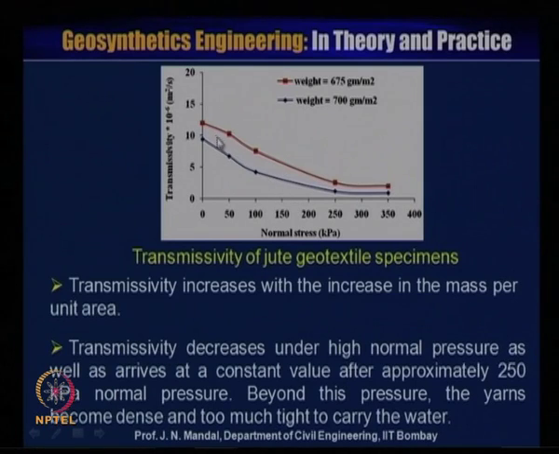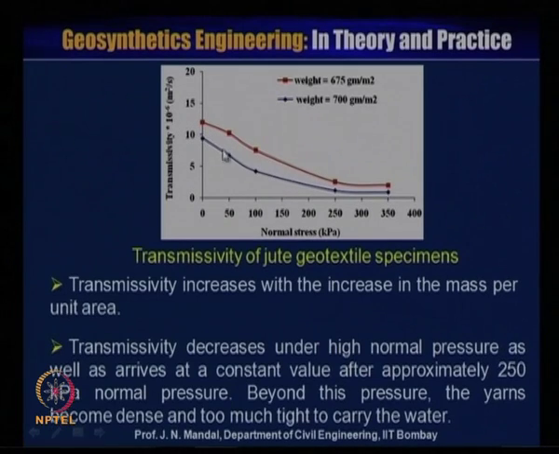So, you can observe how the transmissivity increases with the increase in mass per unit area, and at the same time transmissivity decreases under high normal pressure and arrives at a constant value after approximately 250 kilopascal normal pressure. Beyond this pressure, the yarn becomes dense and too tight to carry the water.